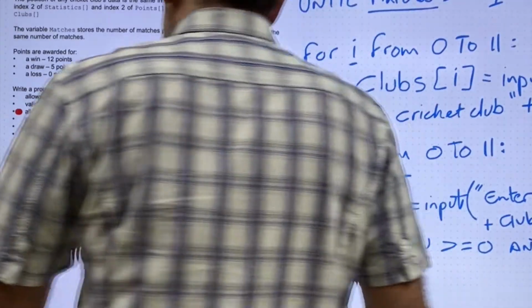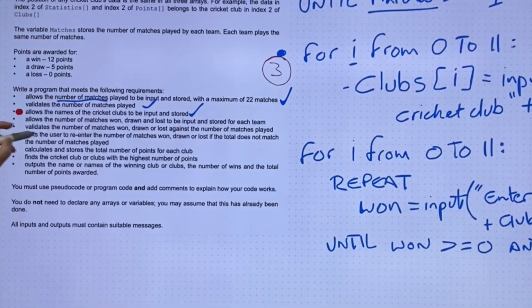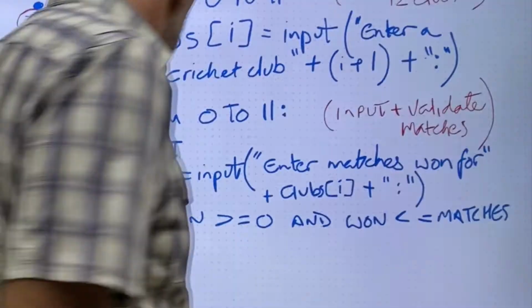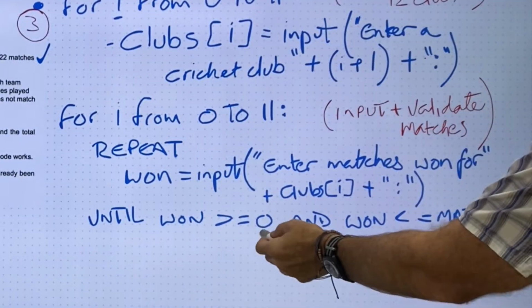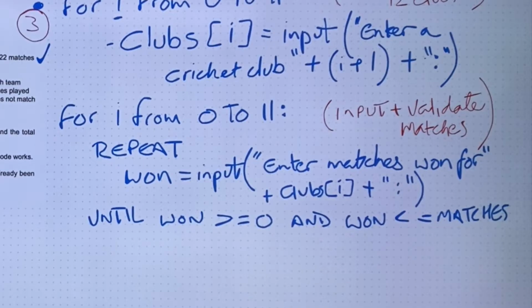Because we allow the number of matches won, drawn, or lost to be inputted and stored in each team, and then we validate it. So until 1 is greater than or equal to 0, and 1 is less than or equal to the matches that have been played. Okay, I hope that makes sense.